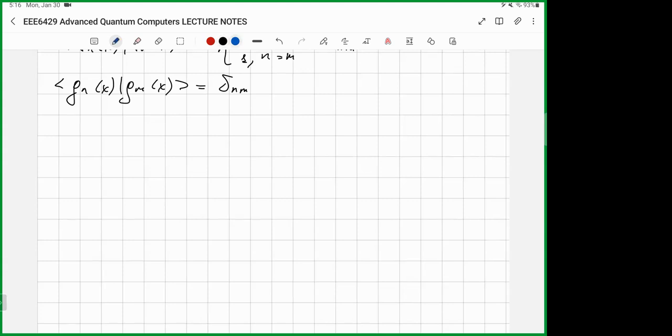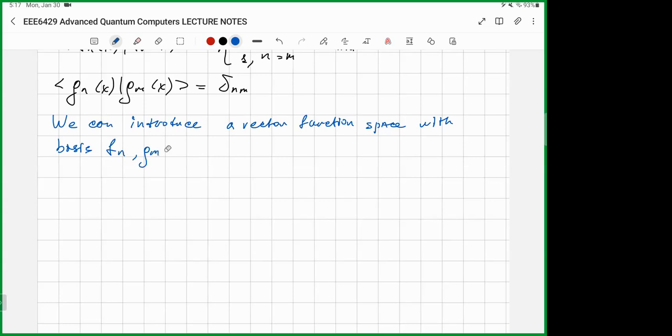So let's write it down here. We can introduce a vector function space with basis fn, gn, for different n and m, and we can represent any vector.